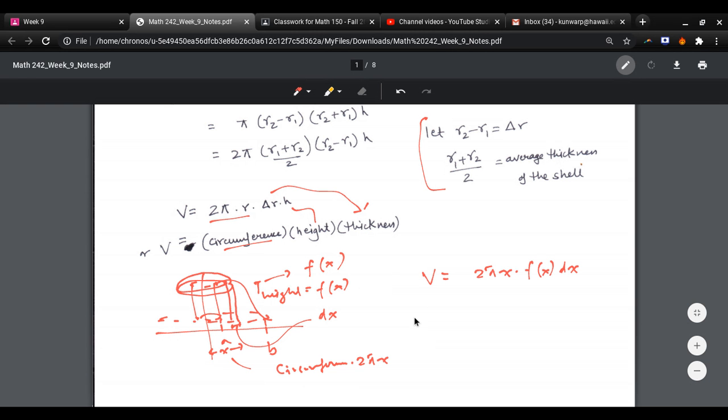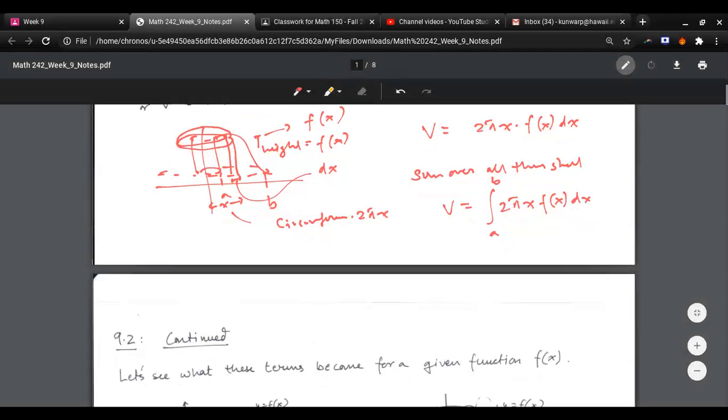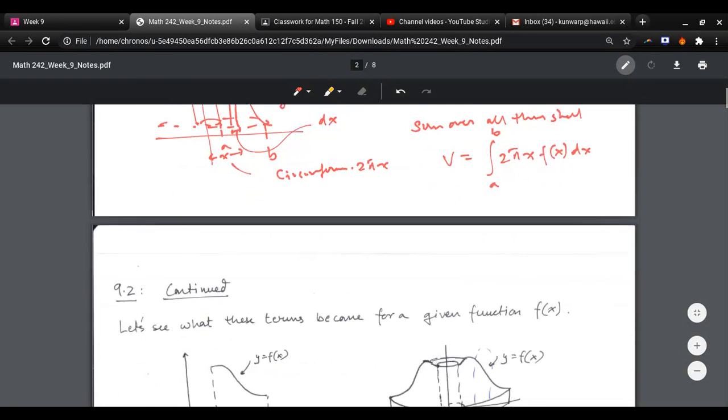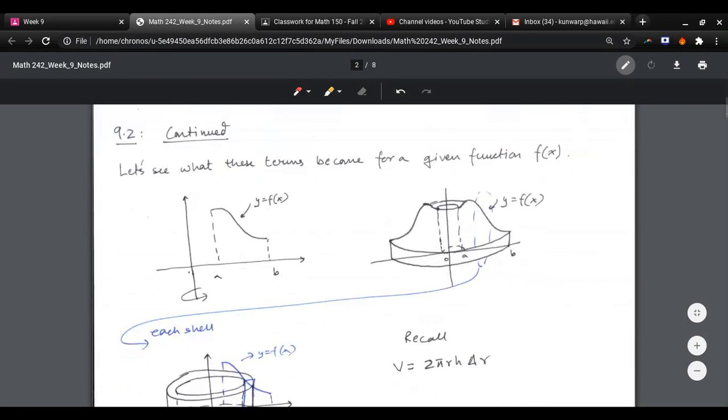And then if we sum over all of these thin shells, we get the volume of the whole thing. That can be written as the integral of 2 pi x f of x dx, going from A to B. So that's the method of finding this volume by shells.